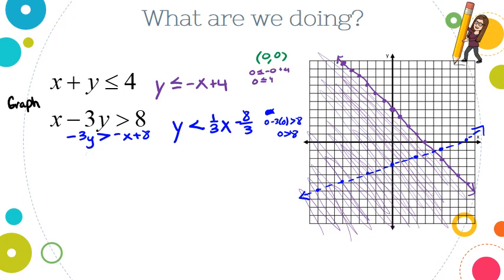That is not true. Put a slash through that. You're telling me I understand that that is not a true statement, which means 0, 0 should not be shaded. So with my other color, I'm going to lightly shade on the opposite side of 0, 0. All right, so don't shade 0, 0 because it was not true.